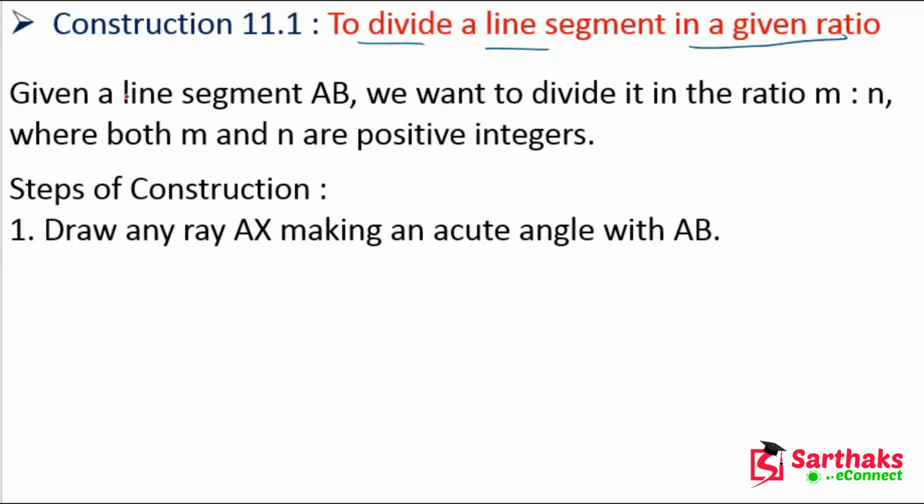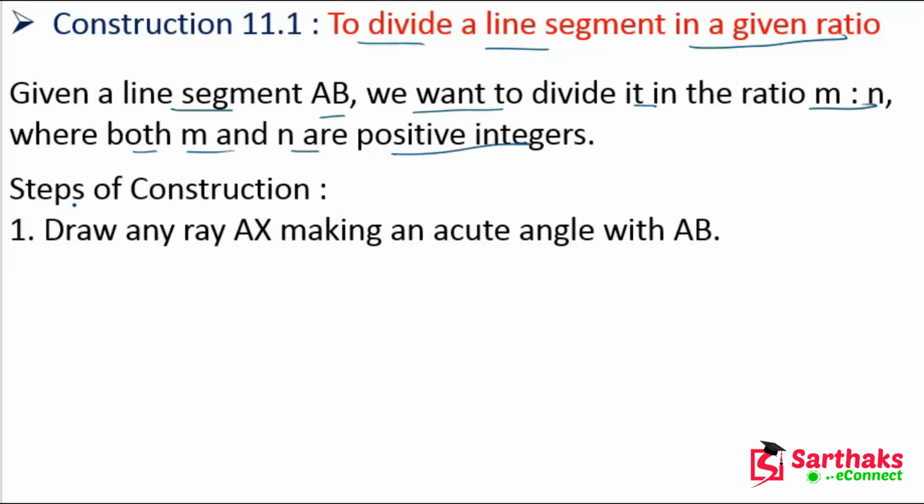Let's suppose we have a line segment AB and we want to divide it in the ratio m:n, where both m and n are positive integers. There are two methods for doing this problem. Here we are going to discuss method number 1.